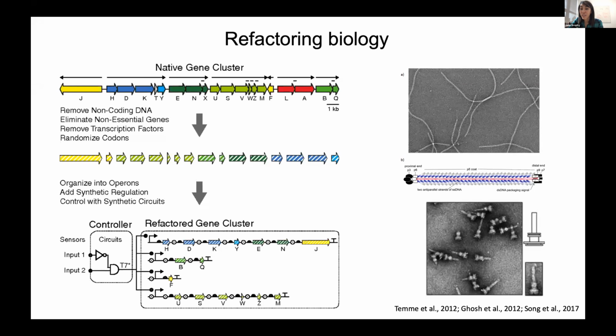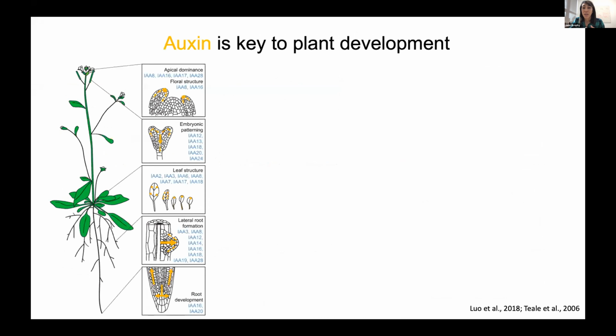And there are several other examples in which refactoring has been really useful for allowing us to modify complex biological systems. So I think that we can use a refactoring type approach to try to engineer development. And this approach is going to be based on auxin, or at least I think it would be cool if it was based on auxin. Auxin is a key plant hormone in development.